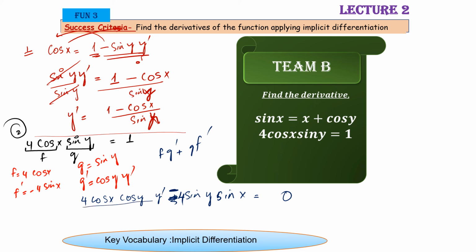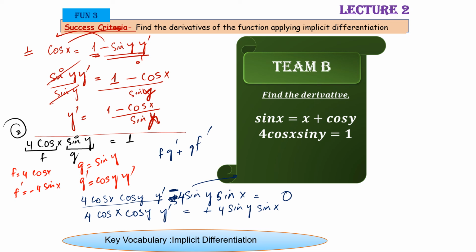Keep the y prime on the left hand side as it is and bring the other term on the other side. So negative 4 changes into positive 4 sine y, sine x when it goes on the other side.